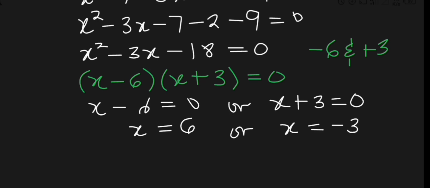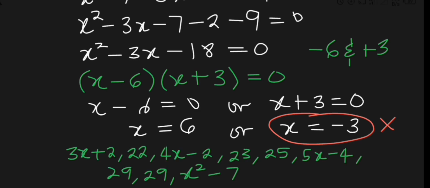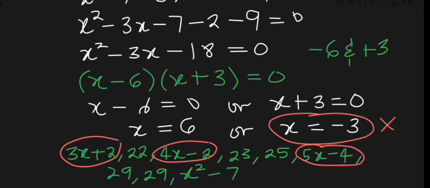Now one of these roots is not valid, and that is the negative root. That is, x equals negative 3 is not valid. Why is it so? Should x be negative 3, the first value in the data will be negative, the third will be negative, and the sixth will equally be negative.